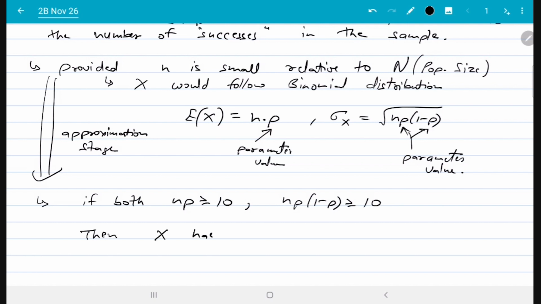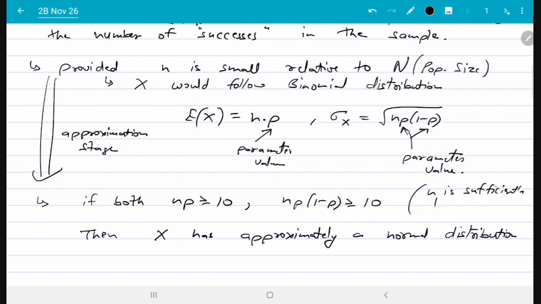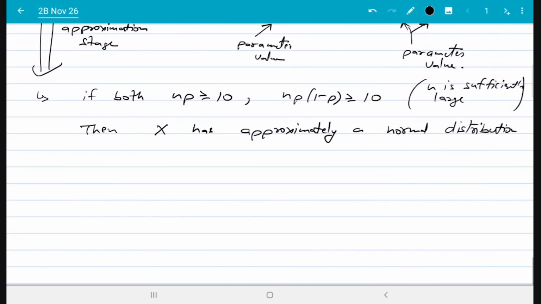Then X has approximately a normal distribution. Okay, because of this, n is sufficiently large is a caveat. This particular subsection has been placed in 7.2 in large sample confidence intervals. It is not going to work out if n is 4 or 5.